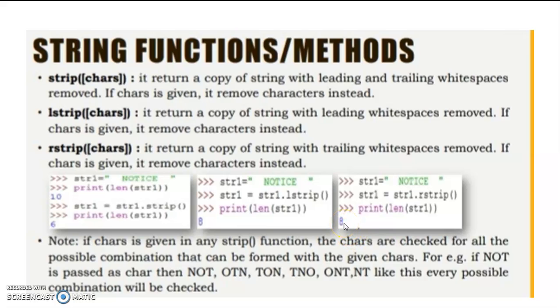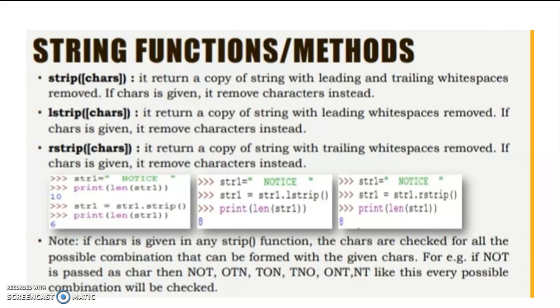Okay children, I believe the concept is very clear to you. Now remember one thing, if characters is given in any strip function, the characters are checked for all the possible combinations that can be found with the given characters.